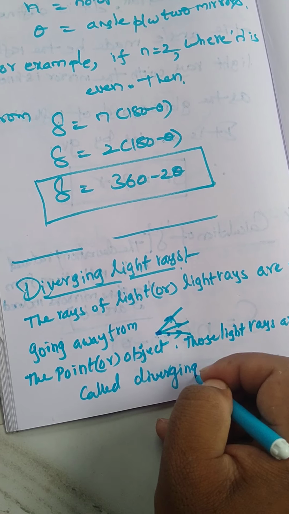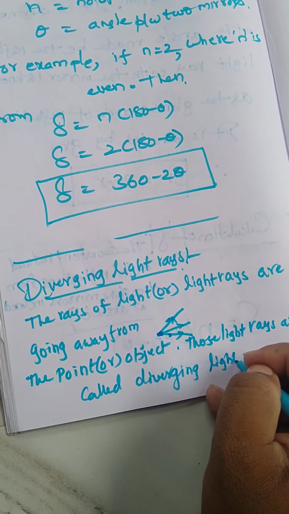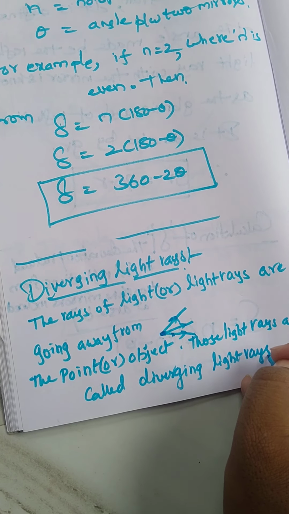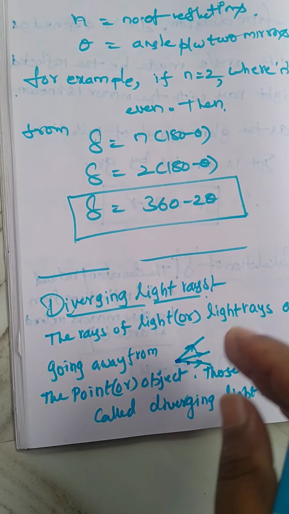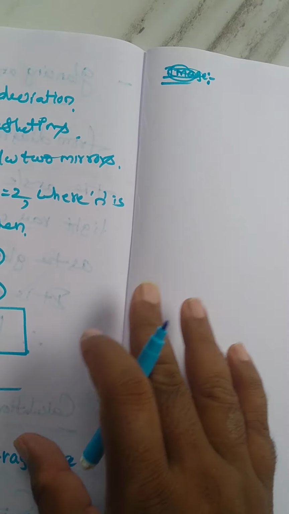Those light rays are called diverging light rays. So this is about diverging light rays, dear students.